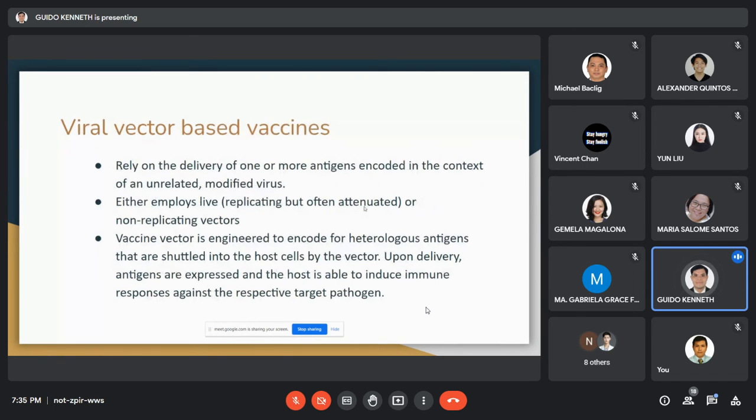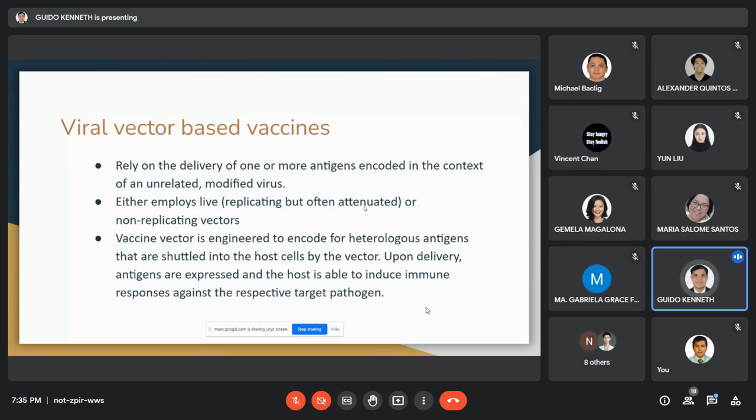So, another novel vaccine technology is the viral vector-based vaccine, which relies on the delivery of one or more antigens encoded in the context of an unrelated and modified virus. This either employs live, replicating but often attenuated, or non-replicating vectors. So the vaccine vector is engineered to encode for heterologous antigens that are shuttled into the host cells by the vector.